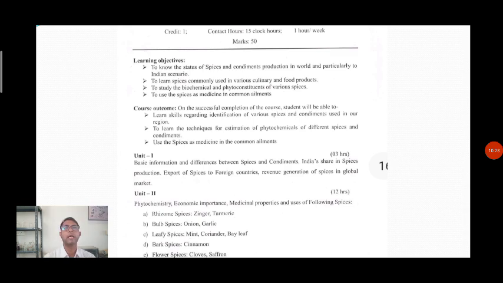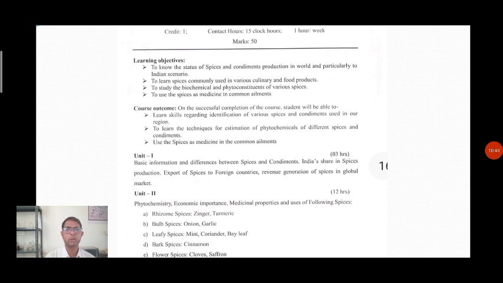As we know, India has a large number of varieties of plants that act as spices, and due to that Indian spices have a good reputation in the market for their spices and condiments.